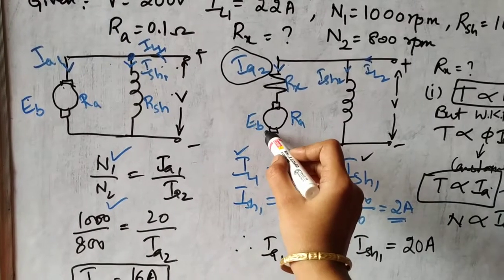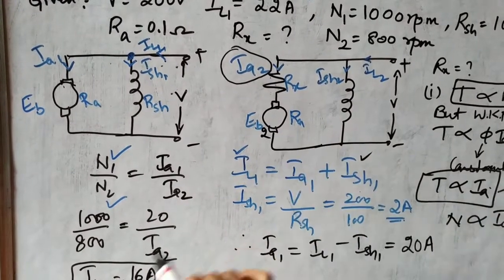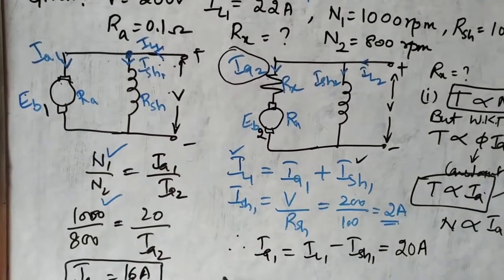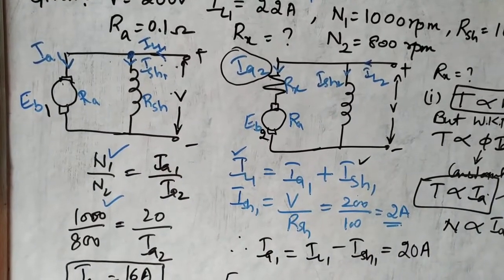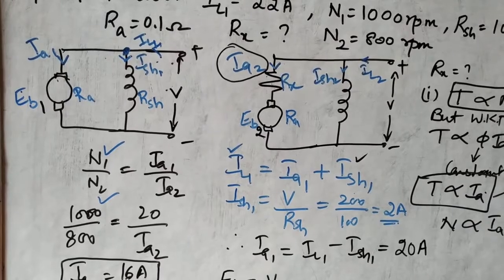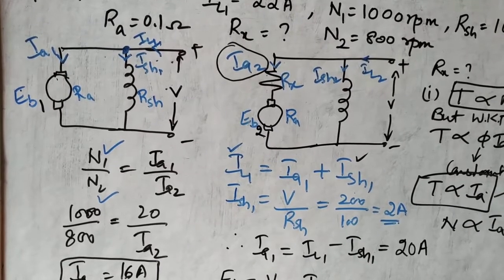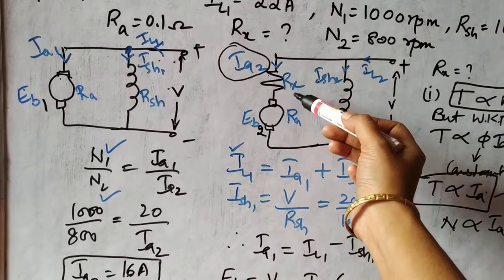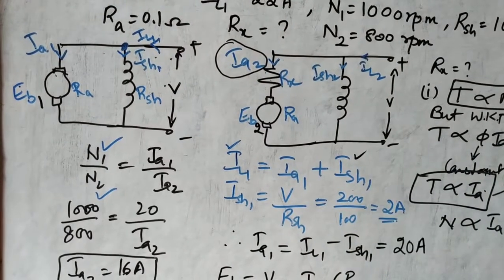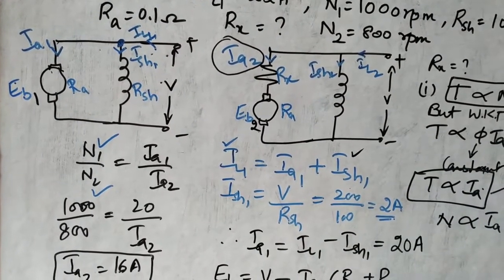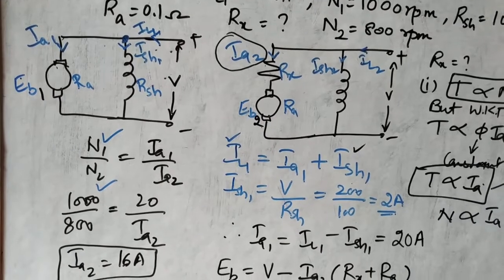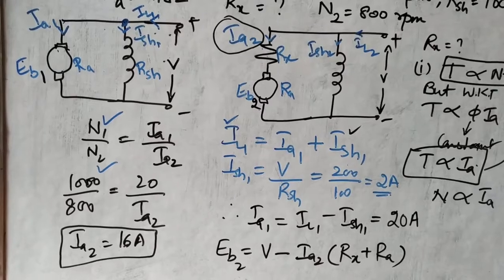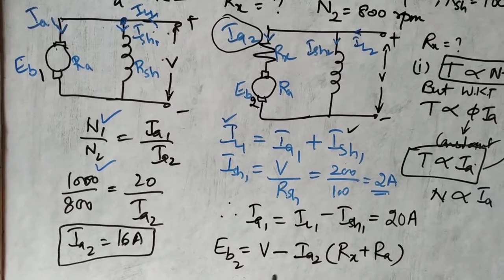Let me take EB as the back EMF for the second circuit as EB2 and for the first circuit as EB1. Therefore we get EB2 is equal to V minus Ia2 into Rx plus Ra, since the unknown resistance Rx and Ra are in series. With this voltage equation you can find out the Rx value.